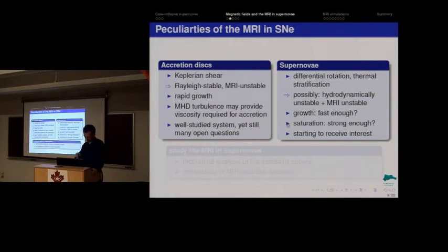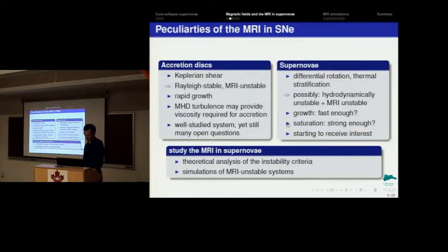Now, to study this, we have performed both the analysis of the instability criteria in a supernova core and simulations of MRI unstable systems. And I will, in the following, report a bit on the results from these two studies.